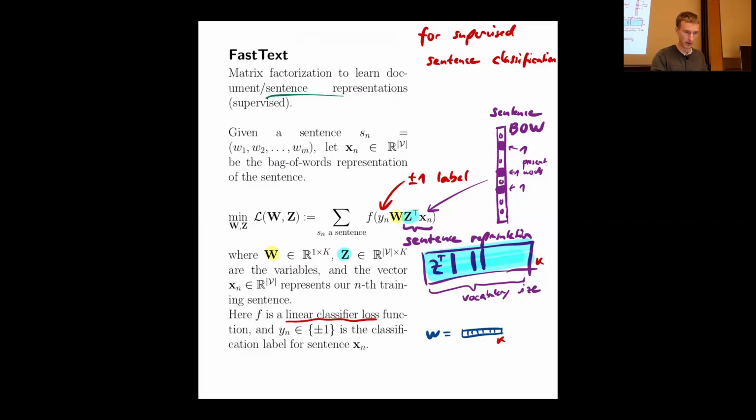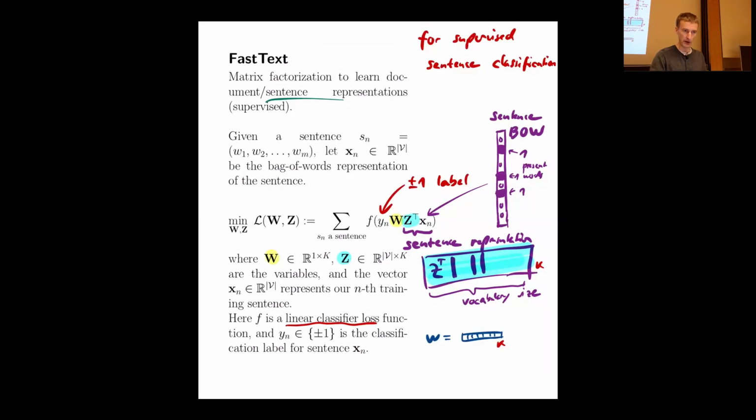So this is nice if you need supervised learning for sentences, and it can be quite fast. There is also a kind of unsupervised version of this, but we're not going to discuss it. When you use a similar loss function as here, you could also use it to predict if the next word is real or fake.